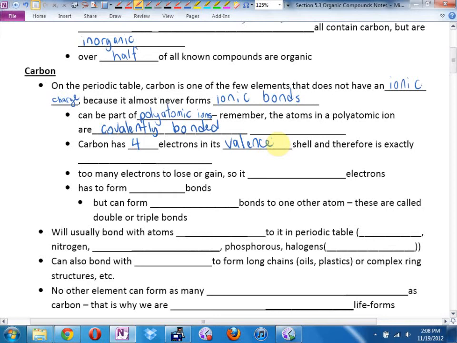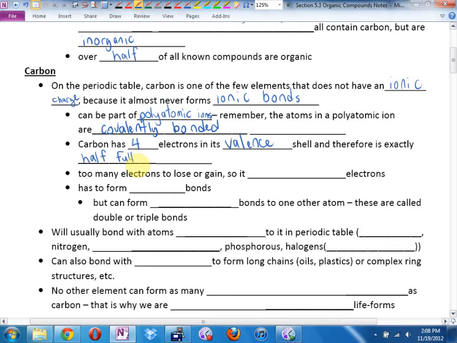And do you remember how many electrons you need to completely fill up that shell? How many? 8. How many does carbon have? It's exactly half full. That's why it's special, because 4 electrons is a little bit too many electrons to gain or to lose, which is why it's really not going to do ionic bonding.